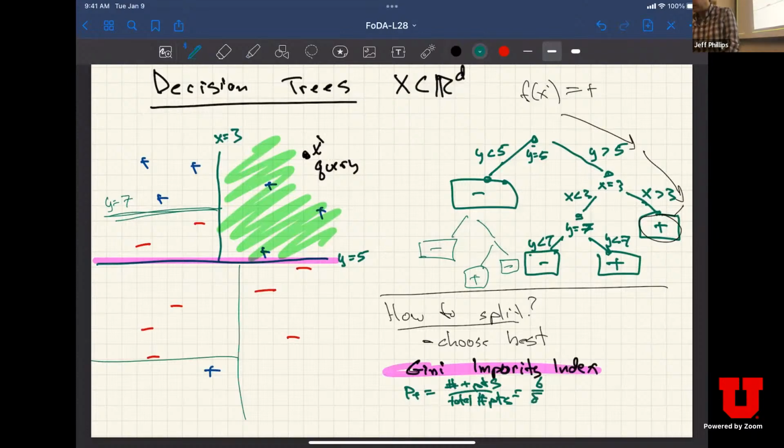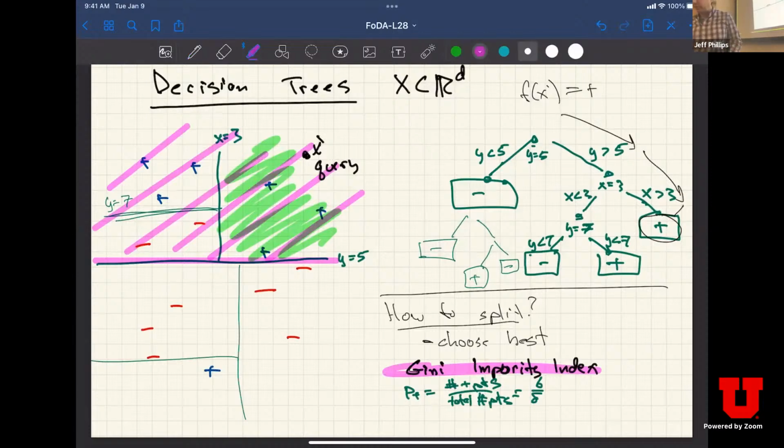Similarly, I'm going to compute P minus, which is the number of negative points divided by the total number of points. This will be 2 over 8. Then this index G is going to be P plus times 1 minus P plus, plus P minus times 1 minus P minus.